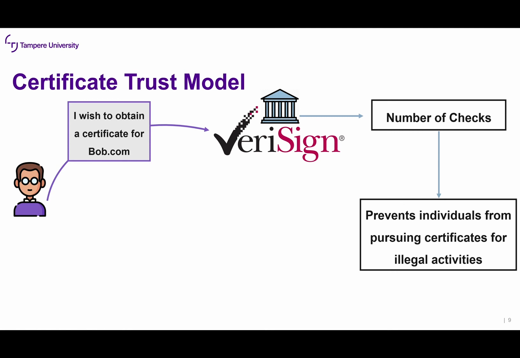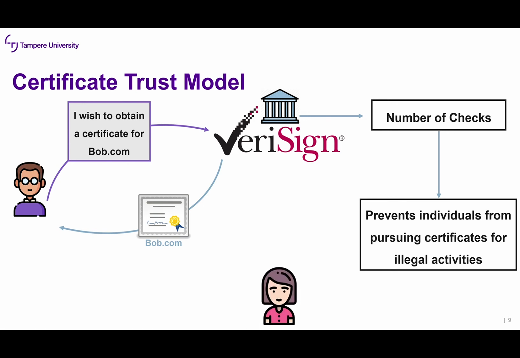Then the certification authority would not give me such a certificate, because it is obvious that I'm going to use this certificate to fool some users, right? Or anyway, to do some kind of spamming or illegal activities. Good. Now, after all these checks are done, the CA replies back to Bob by sending him the certificate for his service, bob.com.